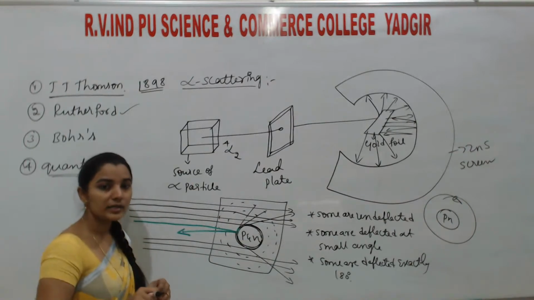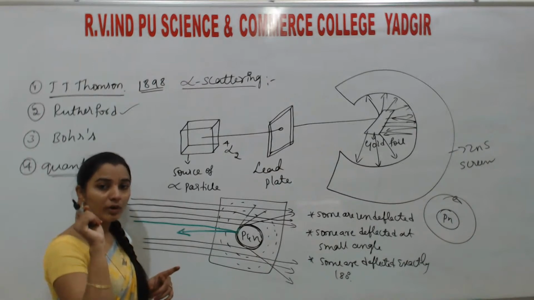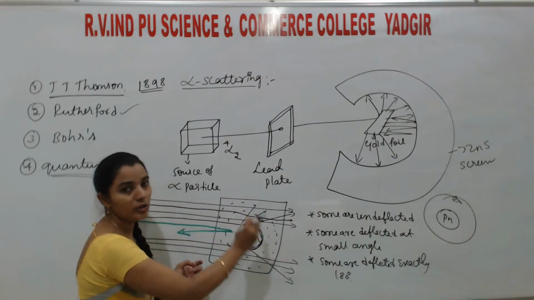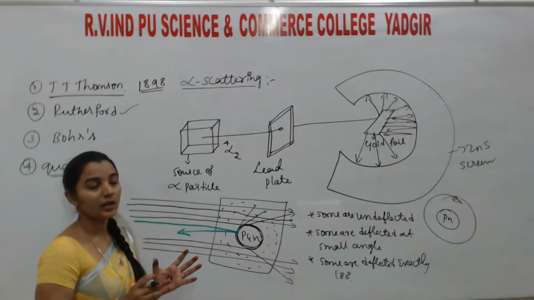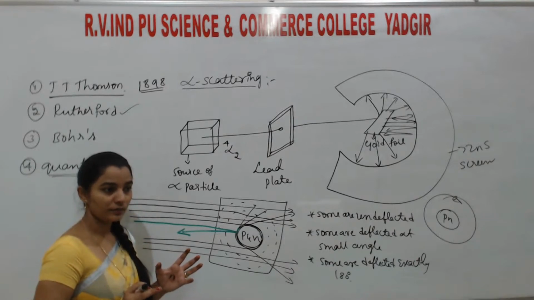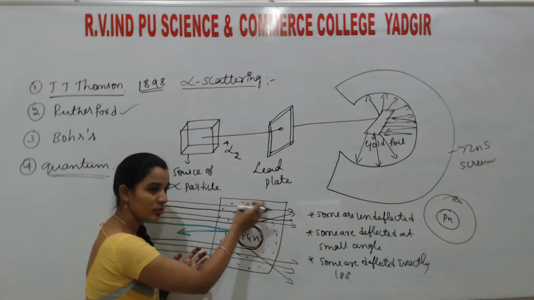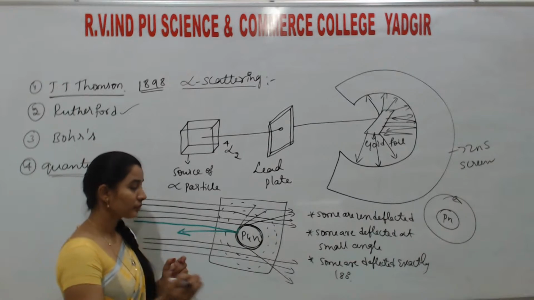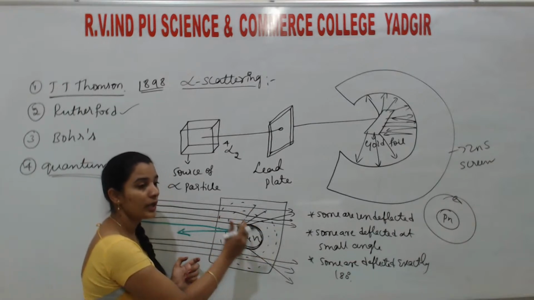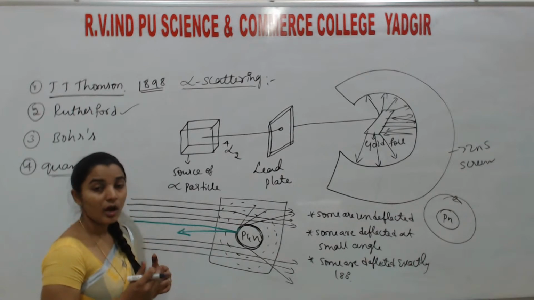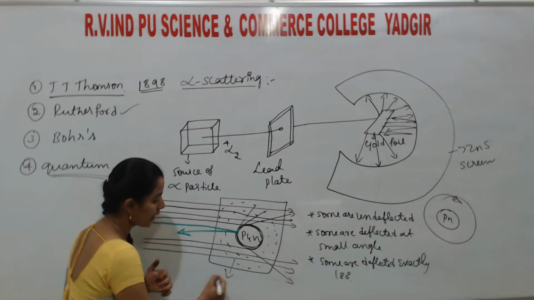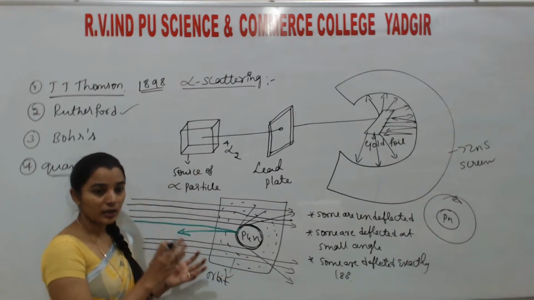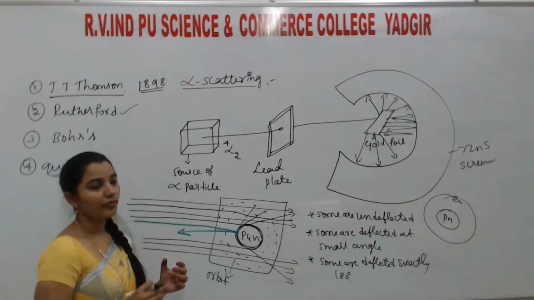Around the nucleus there is so much empty space that is covered by what? Electrons. Those electrons are moving in a circular path around the nucleus. That path is called an orbit.